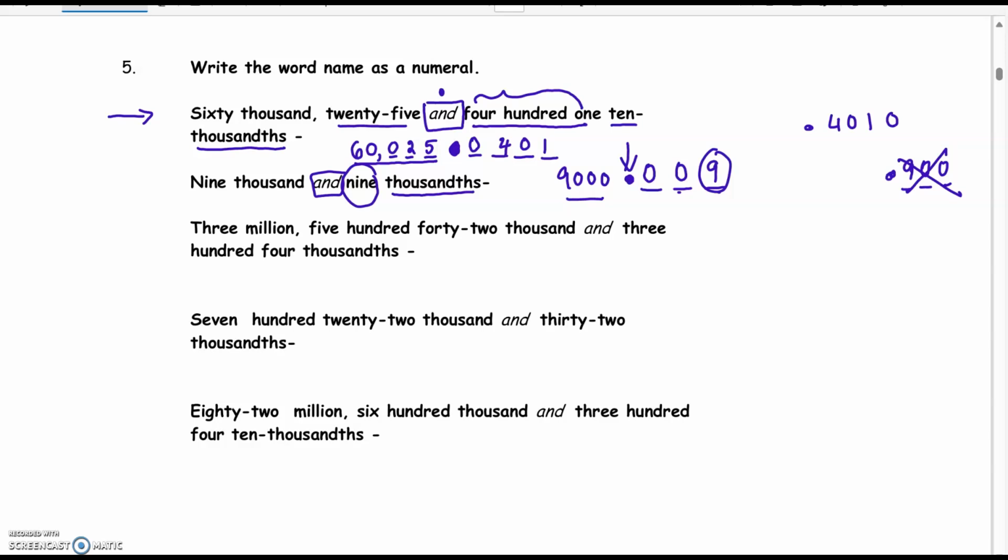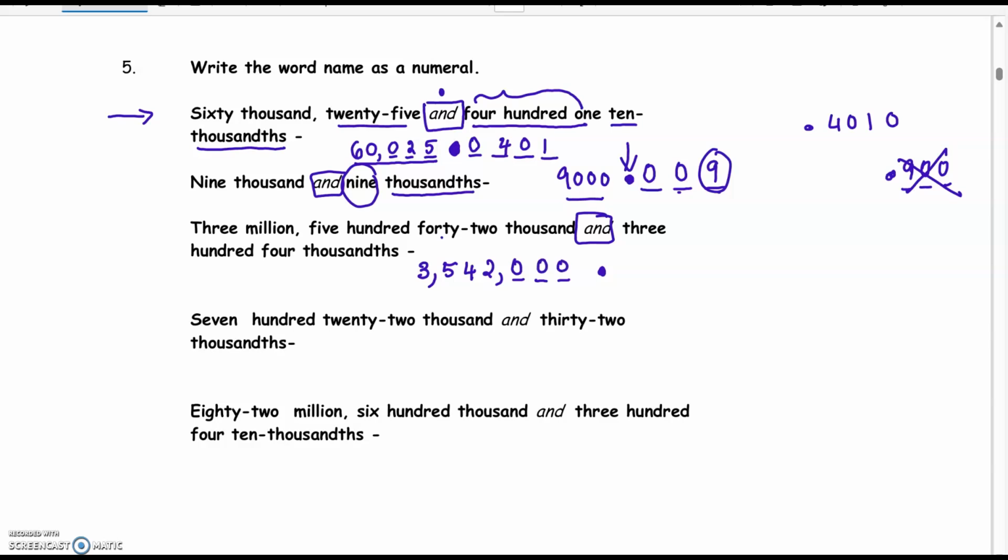Let's read the next one. Remember that the word and separates the whole number from the decimal portion. 3,542,000. 542. It's in the millions. So there are 3 more places that we have to fill with zeros.